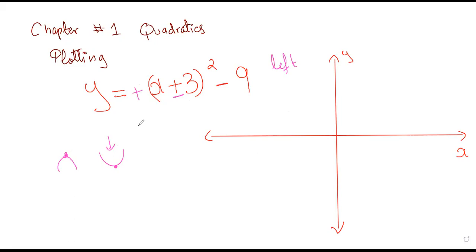And what we have is minus 3. So it would be somewhere here. This point is minus 9. It will move 9 units down. Let's say this is minus 9. This would be the curve point. Okay. This would be of this shape.